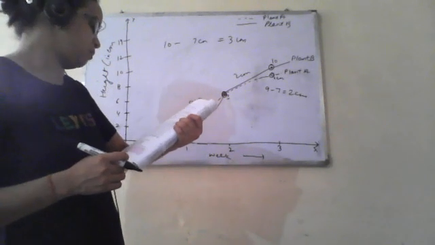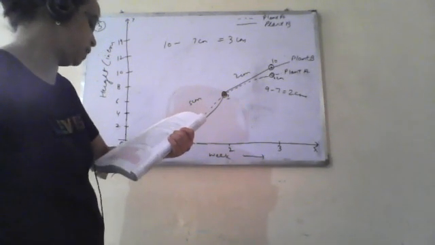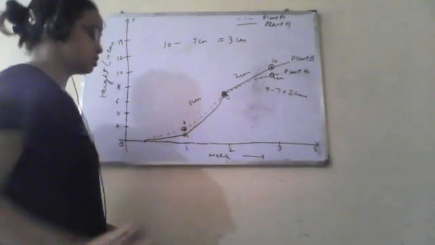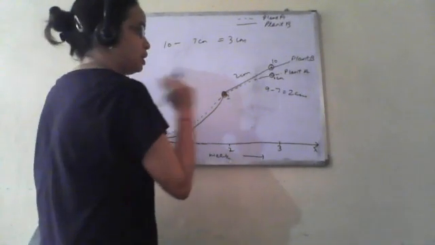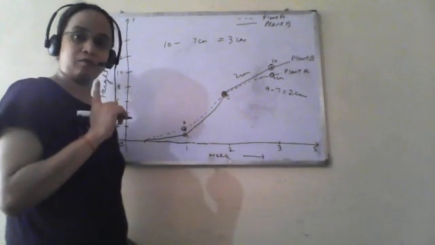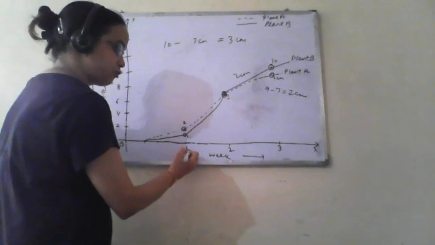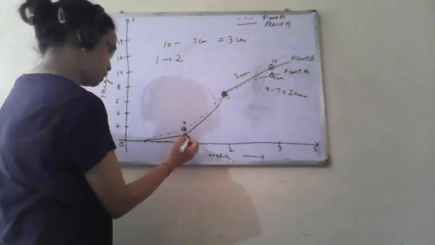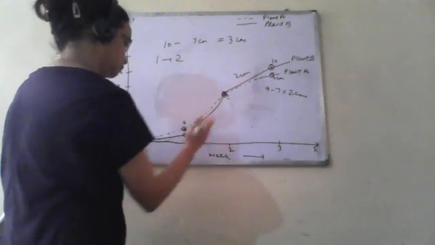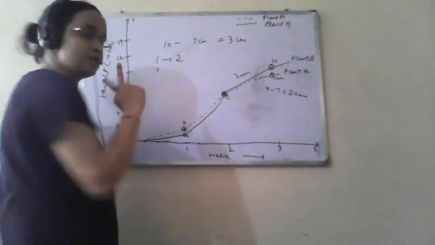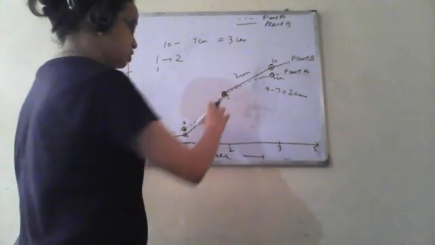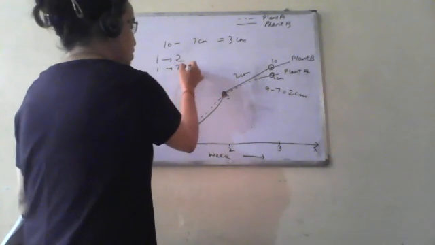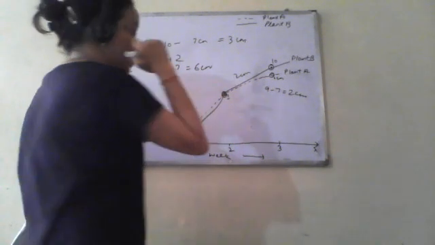And if we check for plant B's least growth, we have to check for plant B. From the first week to the second week, plant B was 1 centimeter at the end of the first week and at the end of the second it was 7, that means growth was 6 centimeter.